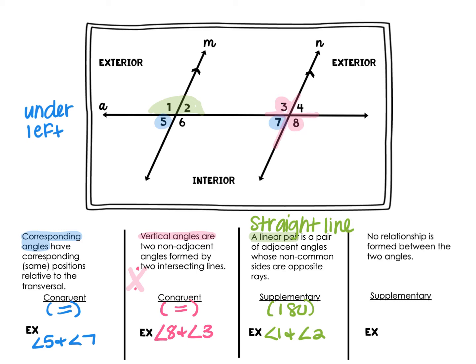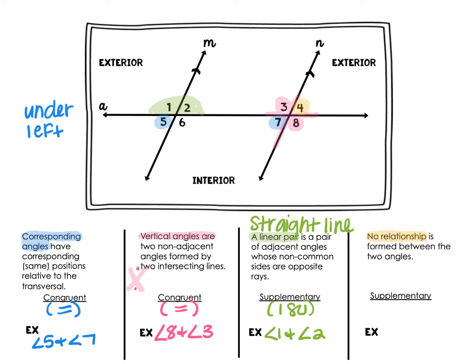The last type of angle we're going to look at is angles that have no relationship. So whenever we have a transversal and we have two angles that don't have a named relationship, they're supplementary. So if I'm looking at angle 4, I need to look for one that doesn't have a connection to it. So angle 3 would make a linear pair. Angle 2 would be corresponding.